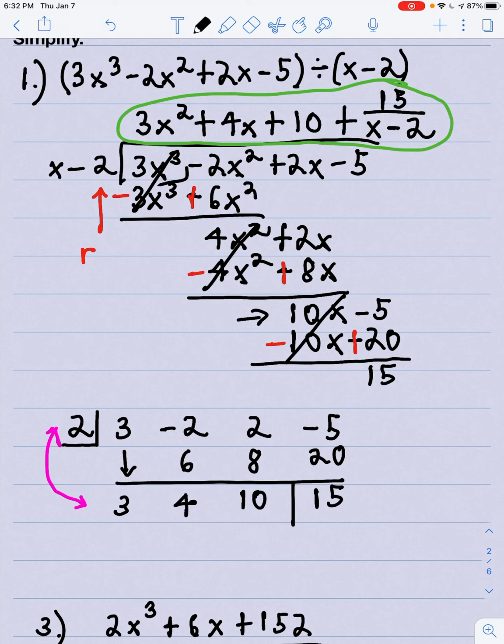Now, what I want you to do is notice how these numbers correspond to the numbers up in my answer that I got when I did long division.